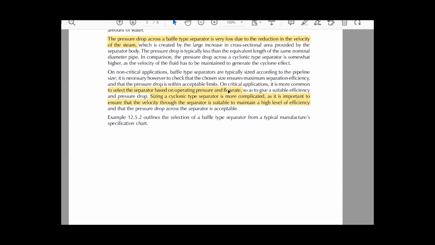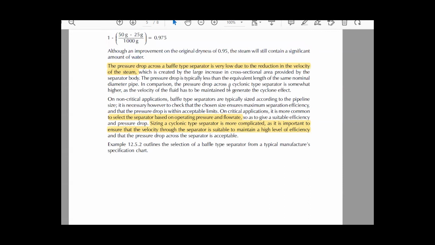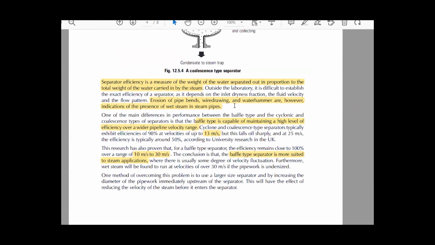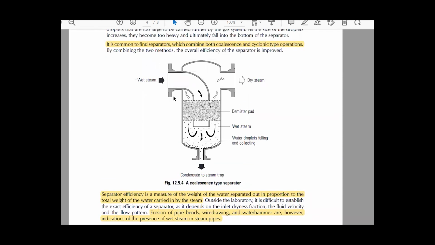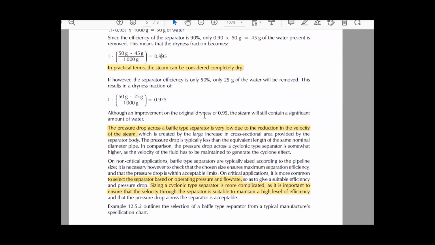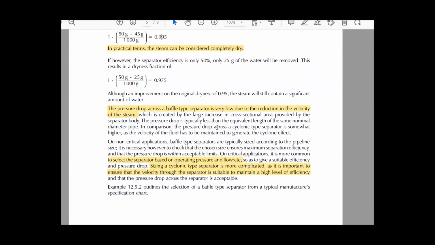When the steam velocity is 50 meters per second, I can do something tricky with the steam separator: increase its size and increase the size of this flange. I will use a baffle plate, but I will increase the size of this flange to increase the size of the pipe itself, so it can fit in the safe region.